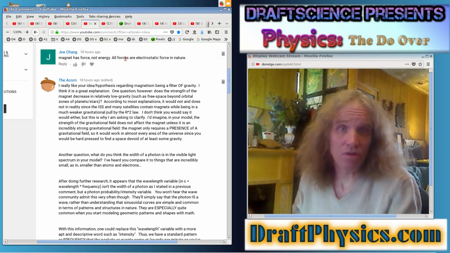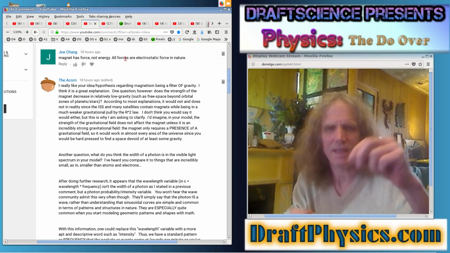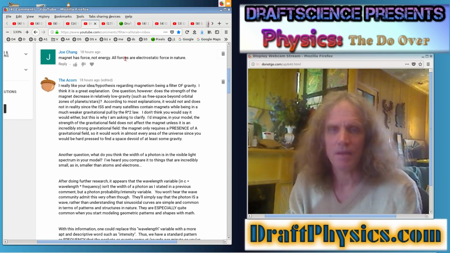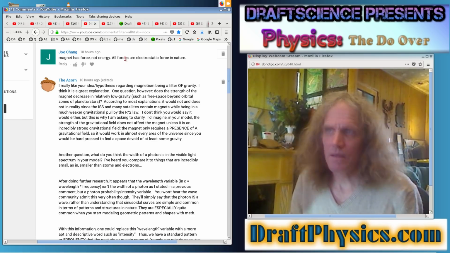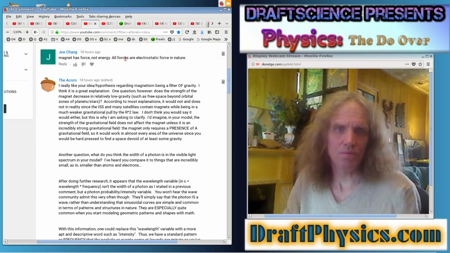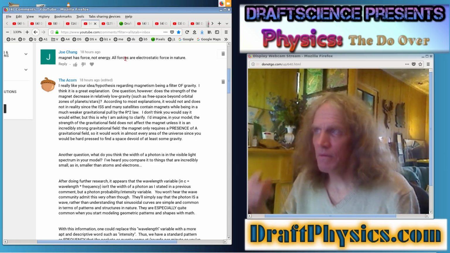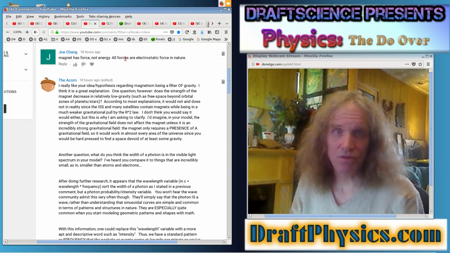So it's always going to look the same. So if you're in less gravity, then obviously it takes less magnetism to lift something. So it would always be relative to the gravity potential. So the simple answer to the question is, yeah, it would be relative to the gravity field you're in.